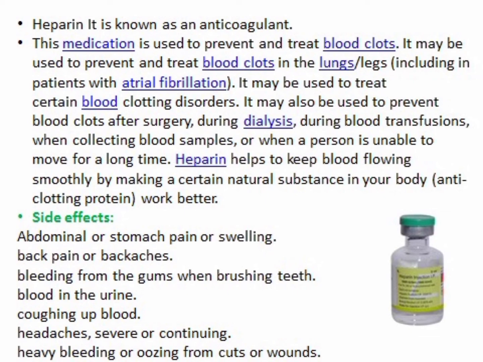It may also be used to prevent blood clots after surgery, during dialysis, during blood transfusions, when collecting blood samples or when a person is unable to move for a long time. Heparin helps to keep blood flowing smoothly by making certain natural substances in your body, anti-clotting proteins, work better.